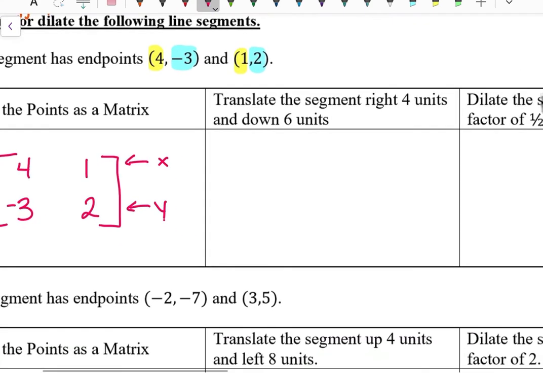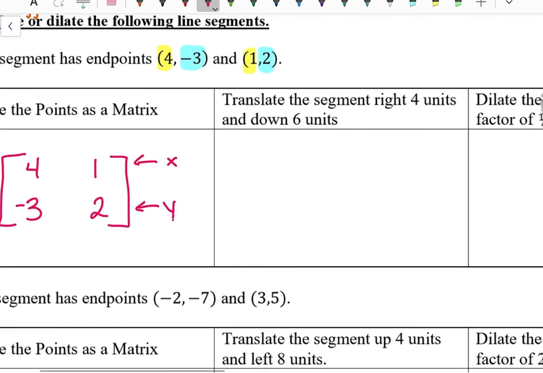Now, if I wanted to translate the segment right 4 units and down 6 units, I'm going to want to add something. So I'm going to take my matrix, 4, -3, 1, 2, and I'm going to add another matrix. I'm going to make sure it's also a 2 by 2 because I can only add 2 by 2s to 2 by 2s.